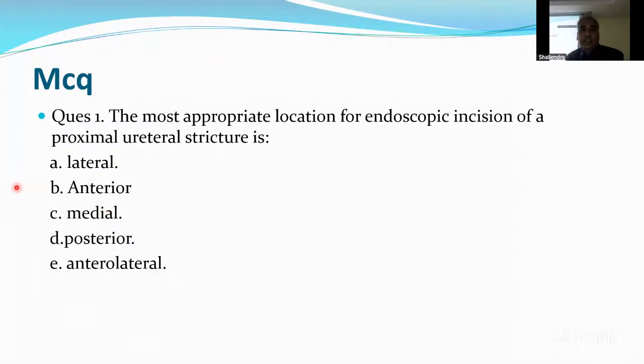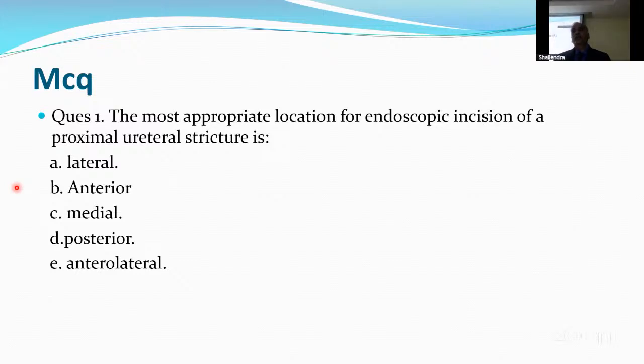The first question is: the most appropriate location for endoscopic incision of a proximal ureteral stricture is lateral, anterior, medial, posterior, or anterolateral? Usually we find the vessels more medially or posteriorly, though the vessels could be found anywhere.